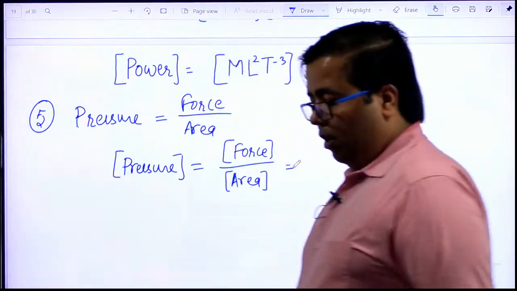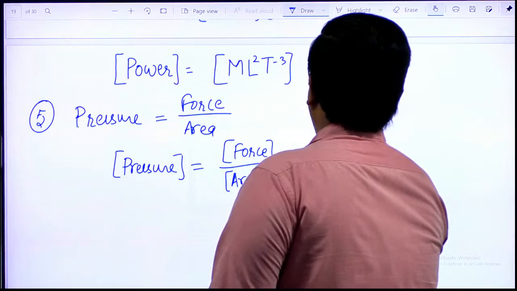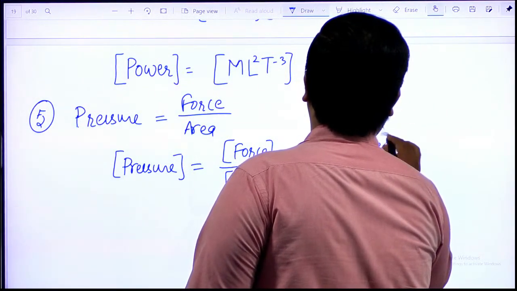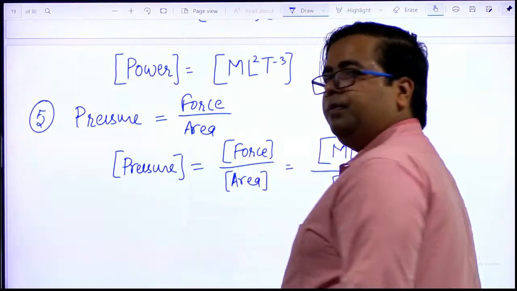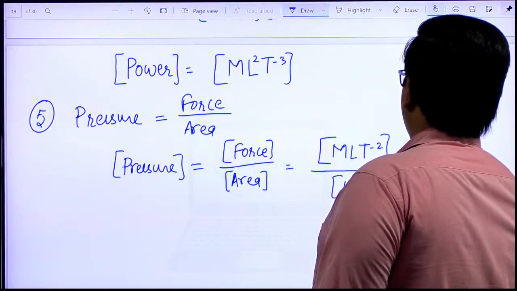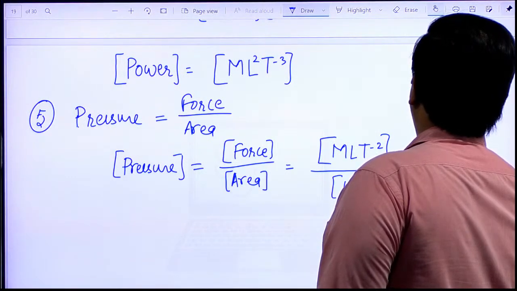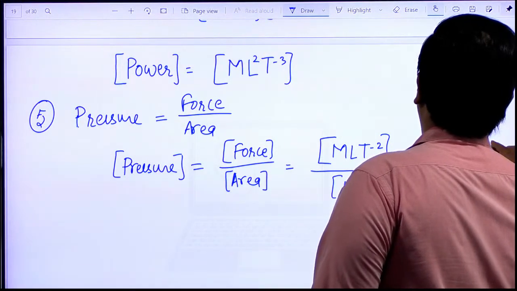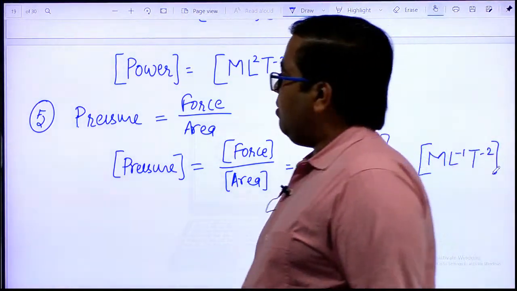The dimensional formula of force is M L T to the power minus 2, and area is L squared. So it is equal to M L to the power minus 1 T to the power minus 2. This is the dimensional formula of pressure.